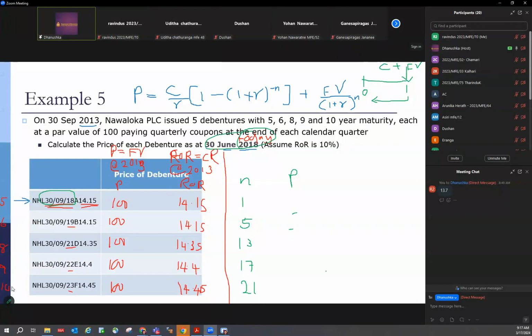And I'll give you the prices for the rest. Assuming 2018, required rate of return is 10%.